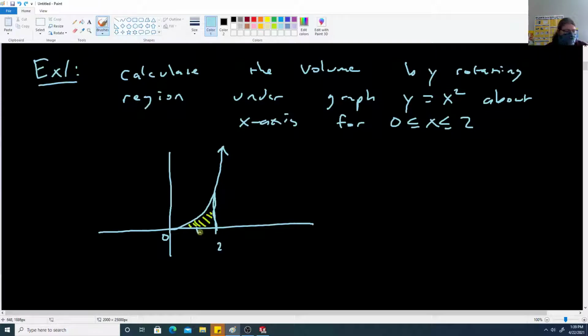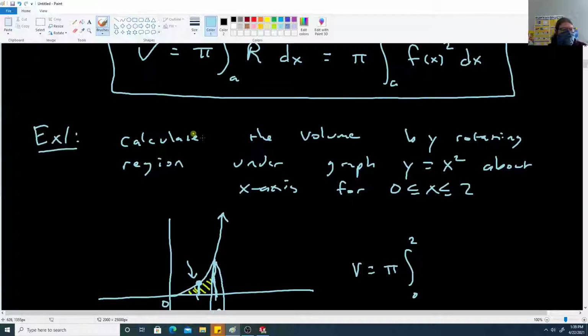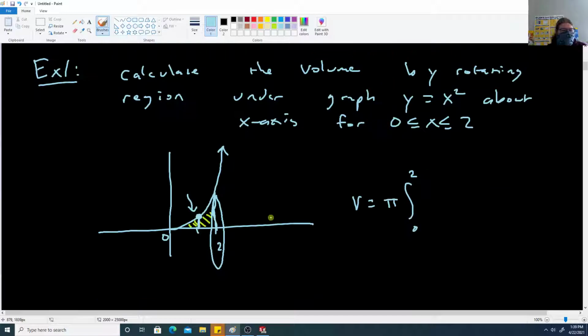So what we say is, the height of the function at each particular point will be the radius of the circle that's generated. So the volume will equal pi, integrating from 0 up to 2, of the radius squared, which is basically just the function.